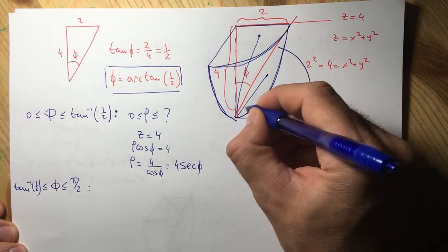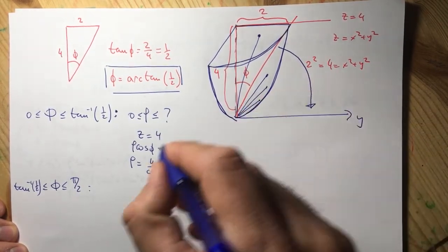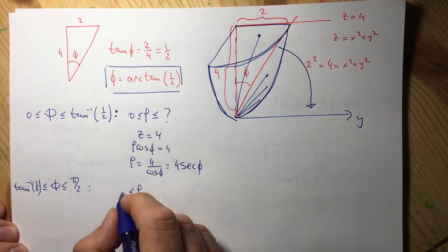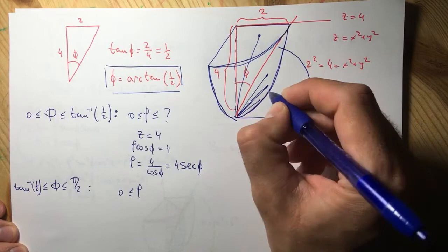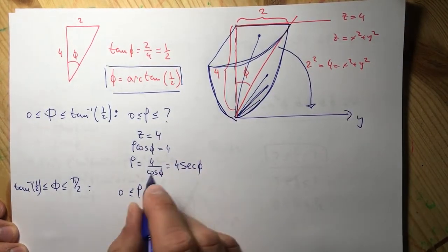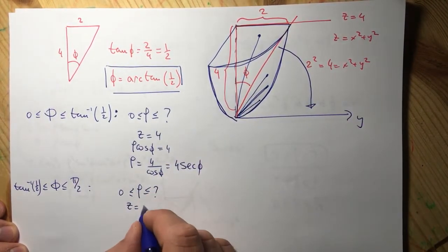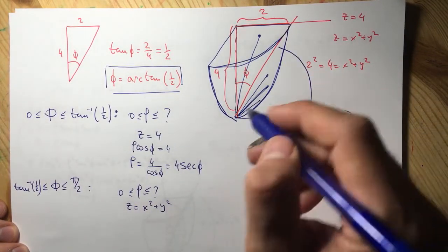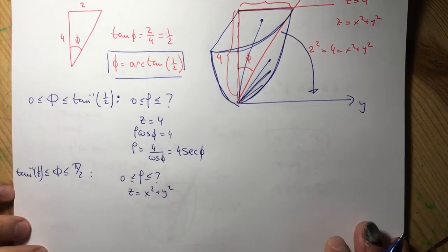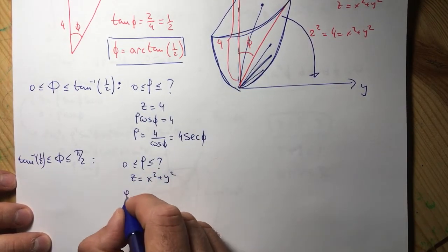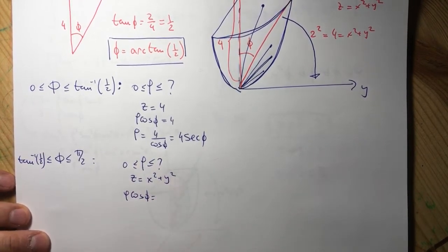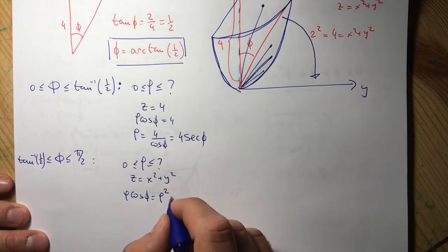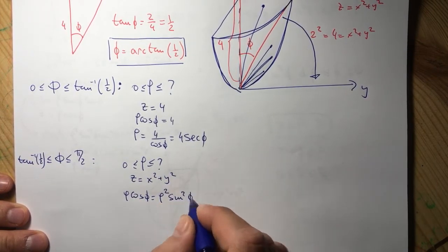the outside boundary of rho is the paraboloid. So rho goes from 0 all the way to where? Where the paraboloid z is equal to x squared plus y squared gives you the boundary. Let's express this in spherical coordinates. Rho cosine phi is equal to, I already said it is very convenient to know x squared plus y squared in spherical coordinates, that's rho squared sine squared phi.